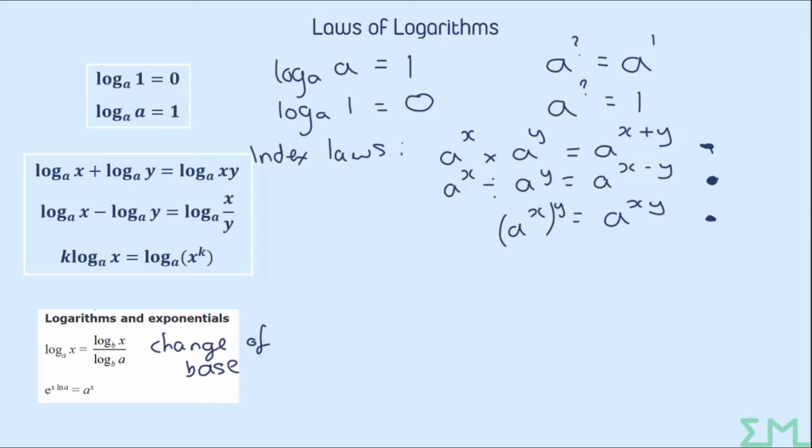You do need to learn all of the other ones, but you just need to be aware that this one is in the formula sheet if a question needs you to go from one base number to another base number. You also get this little snippet here, which doesn't overly help you, because if you've learned all your log laws and you understand what exponentials and logs are, then you'll know that is what it is anyway.